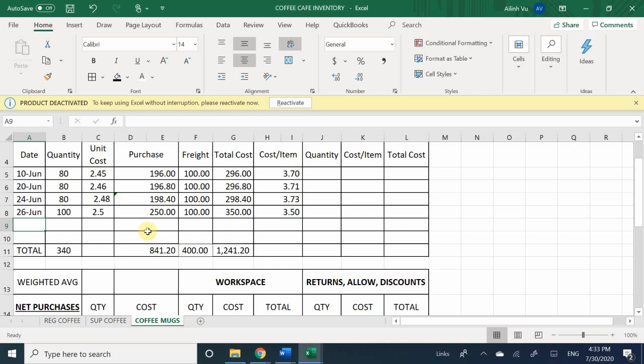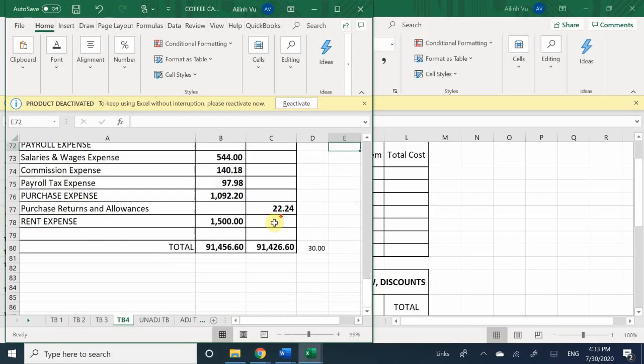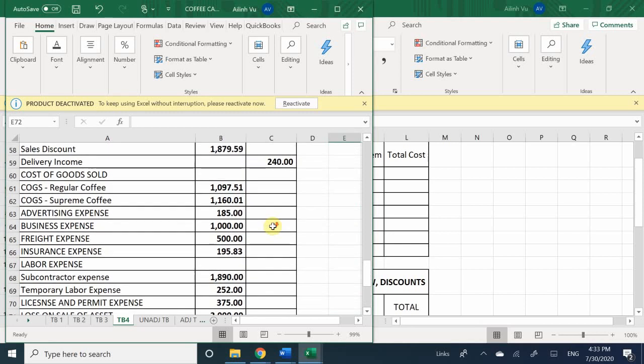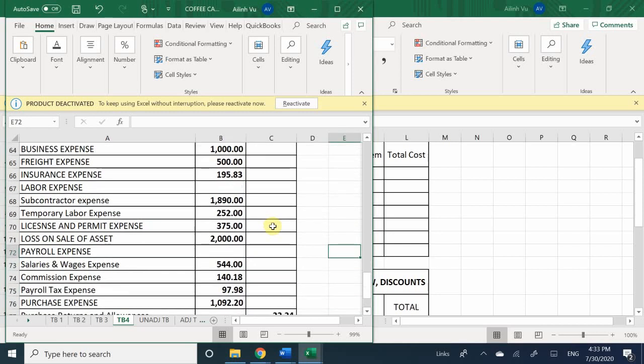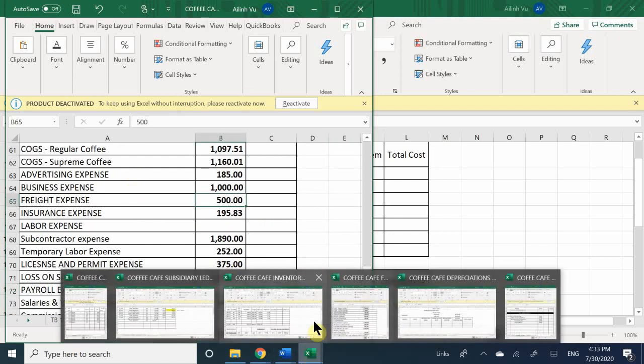I get 400. Is it 400? It should be 4 times 100 is 400, right? I have my freight expense as 500. I've got 4.